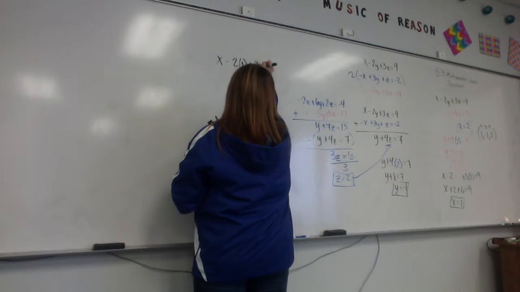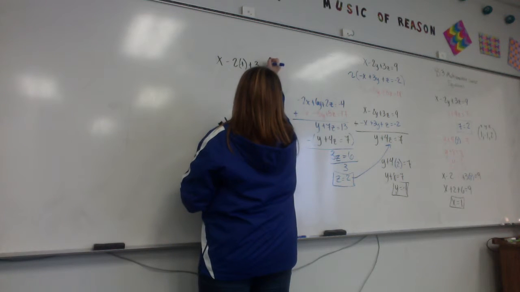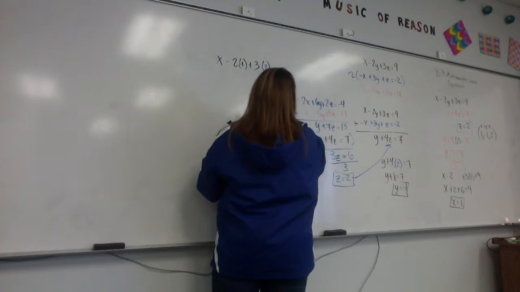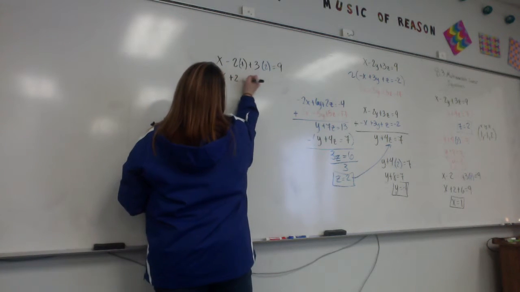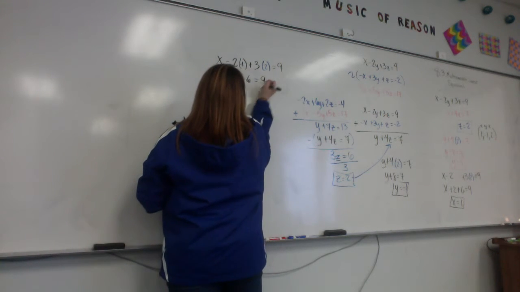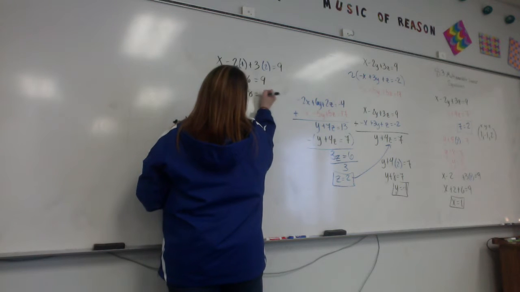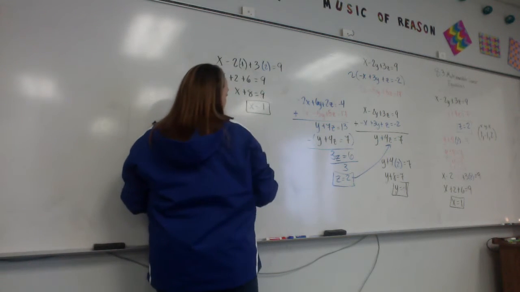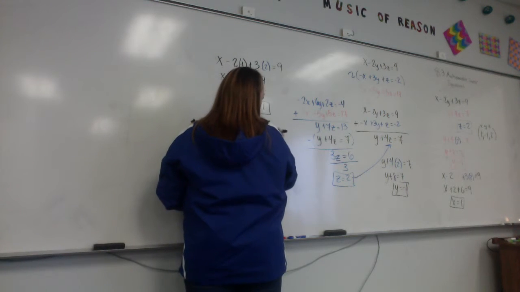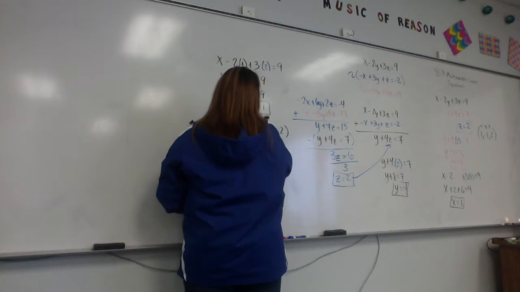Plus 3 times 2 equals 9. So I get x plus 2 plus 6 equals 9. x plus 8 equals 9, so x equals 1. So my solution is 1, negative 1, 2.